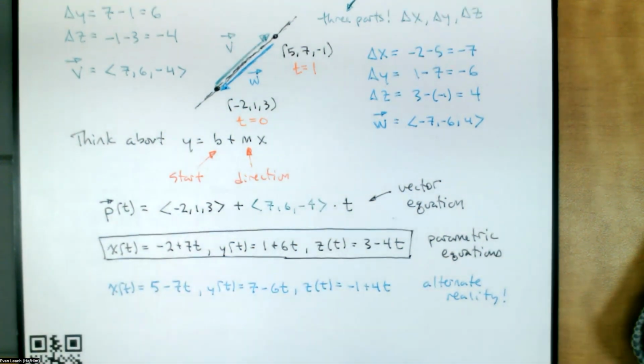But we're describing the same line. We're going in the opposite direction. Instead of t equals 0 being at -2, 1, 3, t equals 0 will be at 5, 7, -1, and t equals 1 will be at -2, 1, 3.